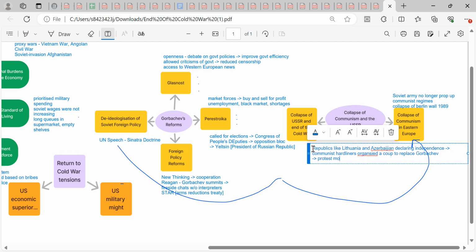And ultimately, this led to a protest movement led by Yeltsin, where he marched to the White House. Basically he marched against the Soviet Communist Party, at least the committee, and demanded that they resign.